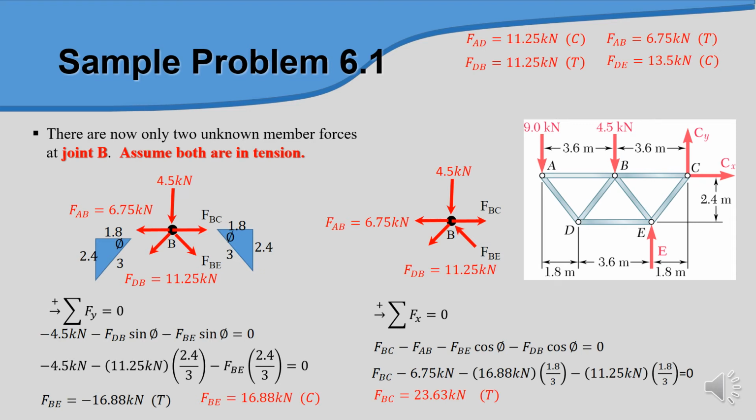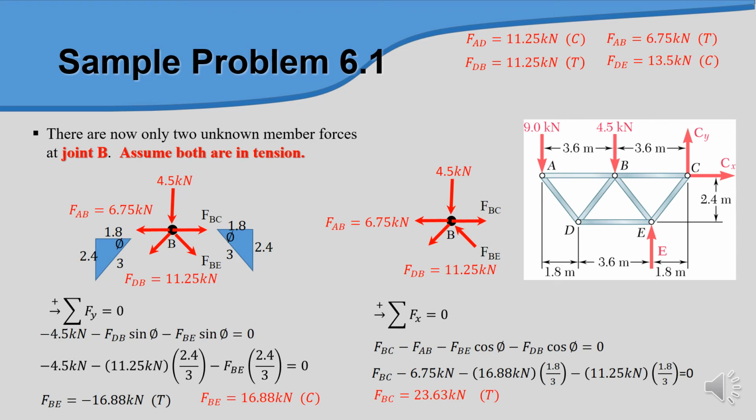In this case, we use net force in the y-axis equal to 0. For the y-axis, only FBE is unknown, with the two forces of 4.5 kilonewton and the force from FDB known, so we can proceed.